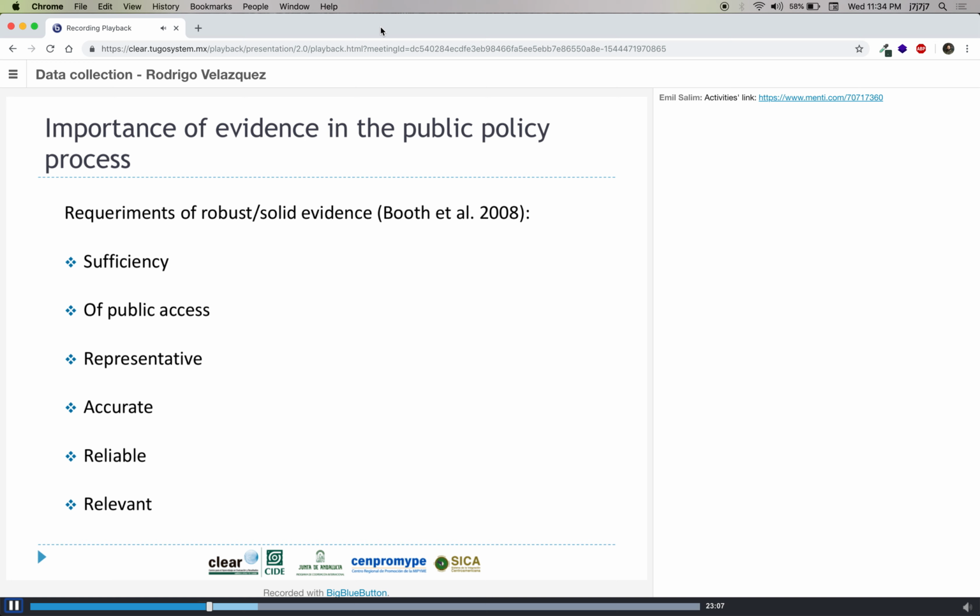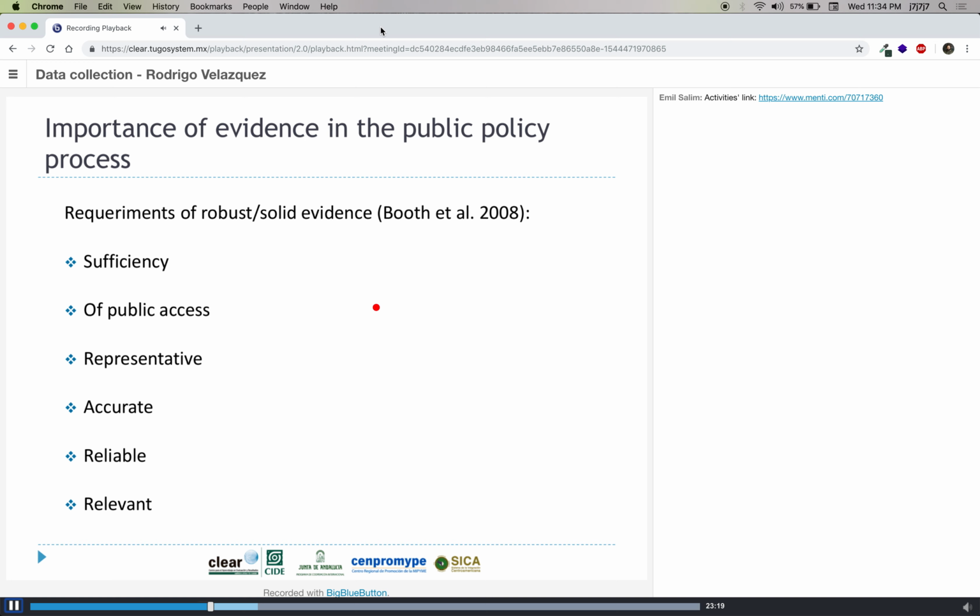So we have to include a sufficient sample so that the evidence that comes from this study is representative of the group or community that we are trying to help, or the one who is going to be included in the program.